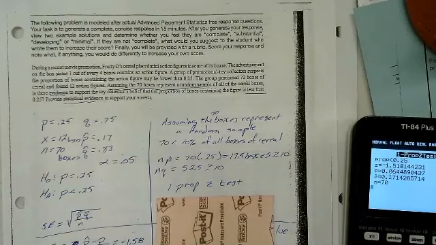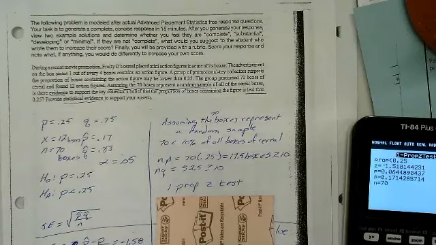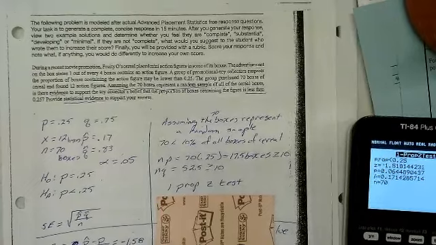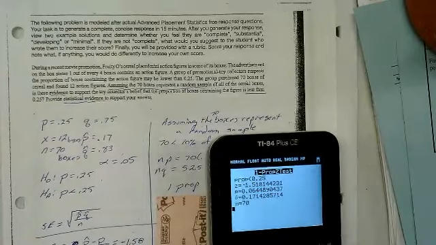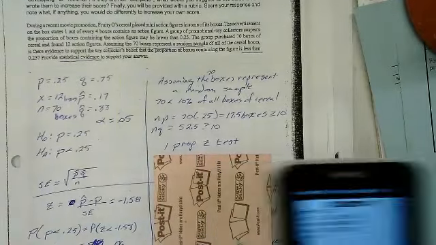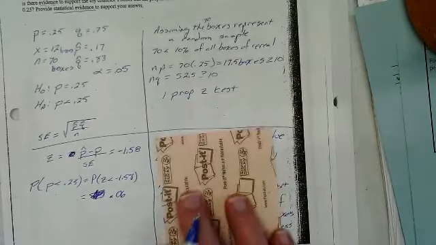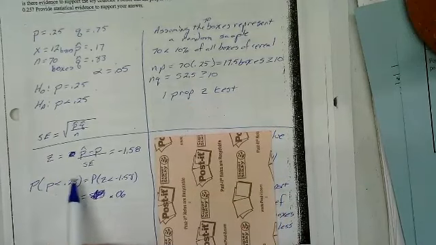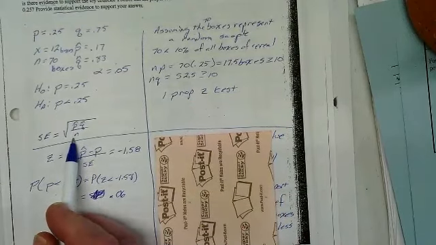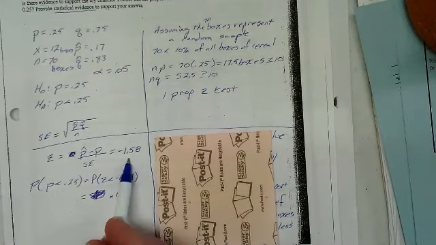So looking at those values, here's my Z. To find my Z score, it's p hat minus p over the standard error. That's the reason why I wrote the standard error there, negative 1.518.